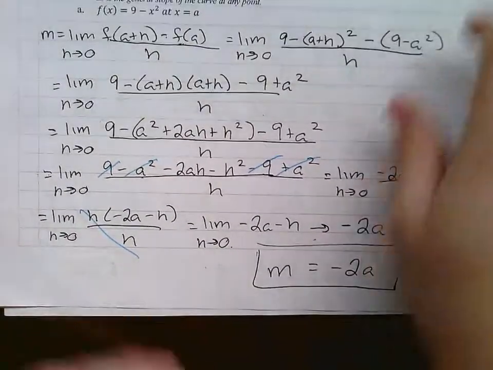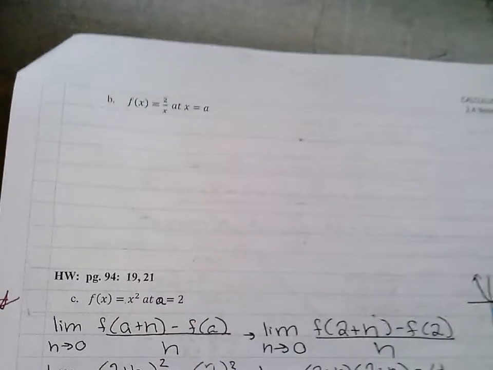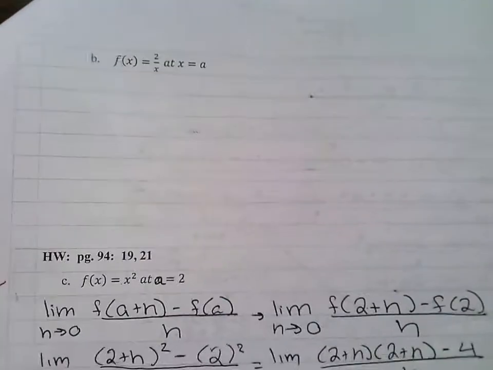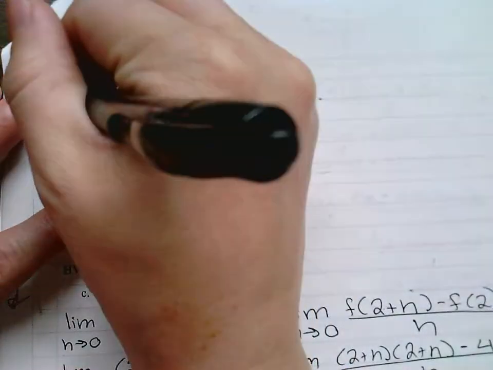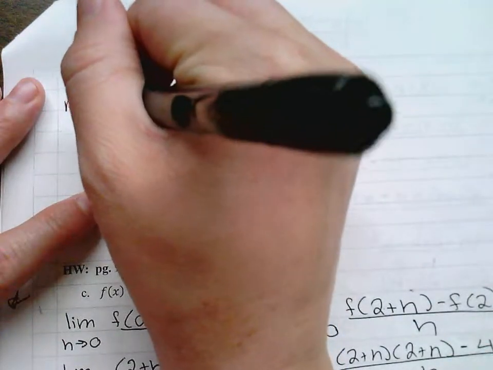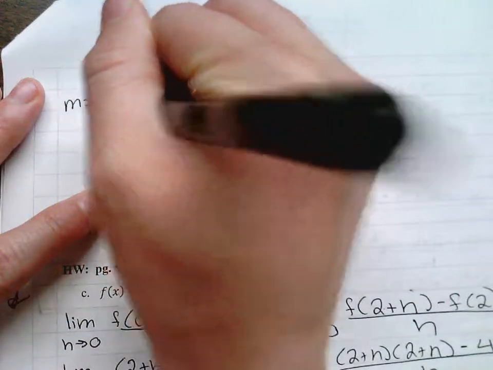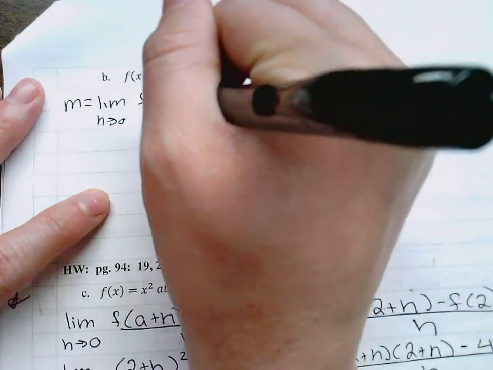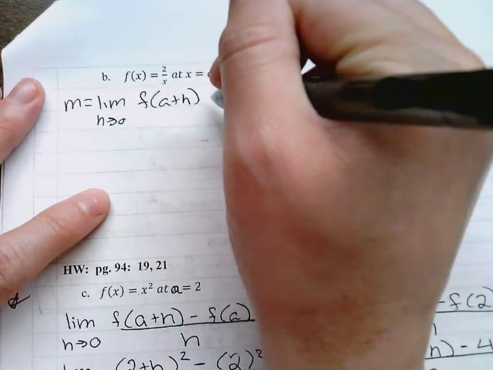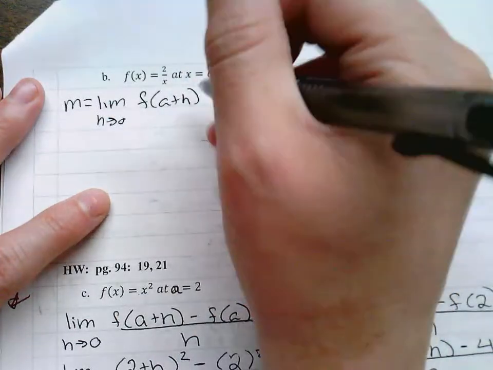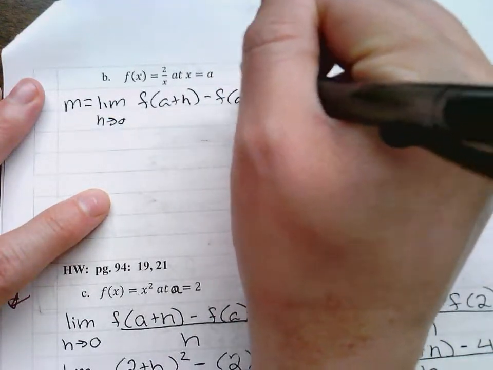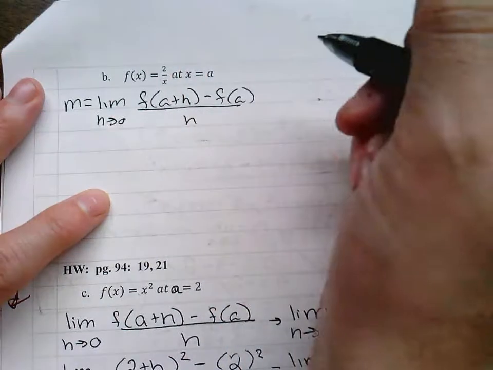All right, let's do another example. Okay, so same thing. So slope is going to be the limit as h approaches 0 of f of a plus h, so x equals a, that's why I'm putting a there, minus f of a, over h.